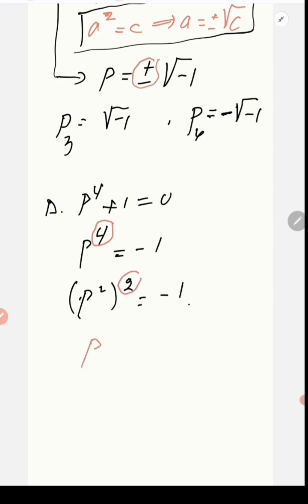Then p squared is equal to plus minus square root of minus 1.